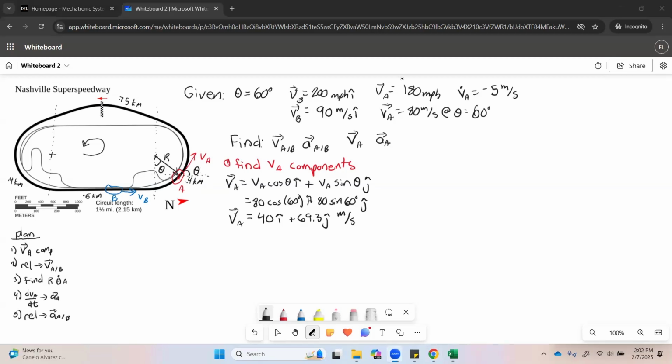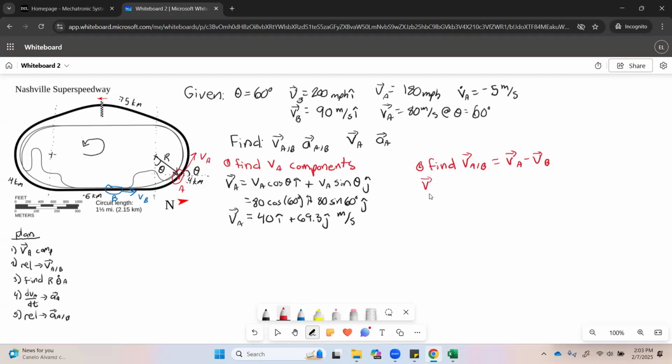Now, the second step is to find the relative velocity of A with respect to B. So velocity of A with respect to B equals velocity of A minus velocity of B. We remember those formulas from last time. So we take this VA that we've got here, and then we subtract the 90 meters per second from VB.